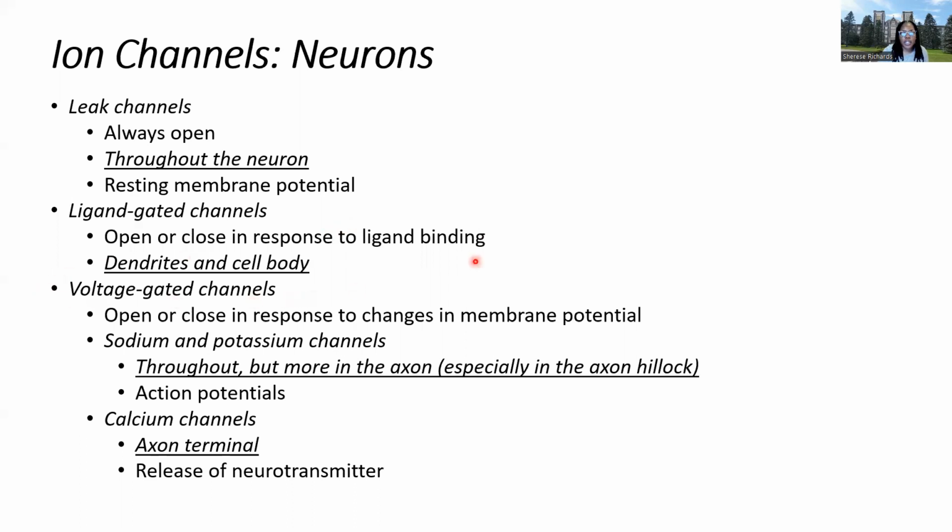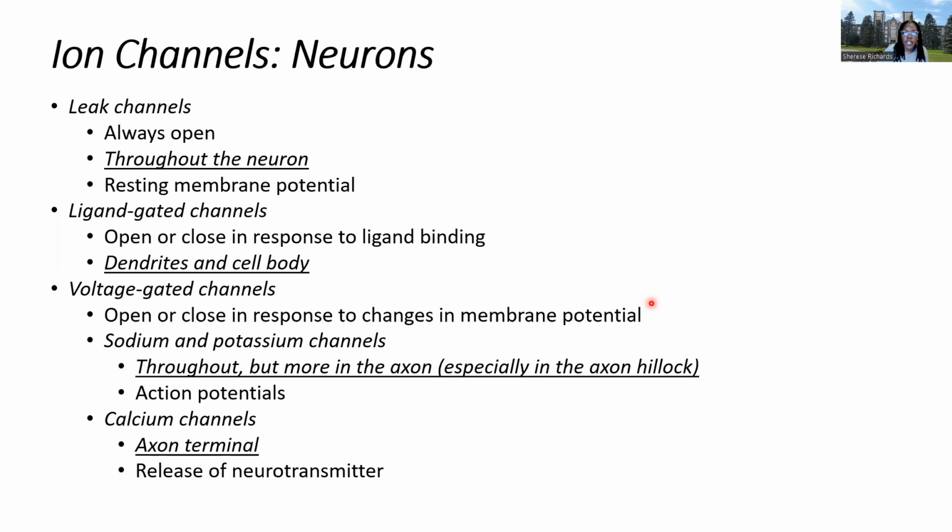The voltage-gated channels, again, are open or closed depending on the membrane potential. Most of our voltage-gated channels would be closed when the membrane potential is -70, because that is the resting membrane potential, and we don't necessarily have any excitement happening.